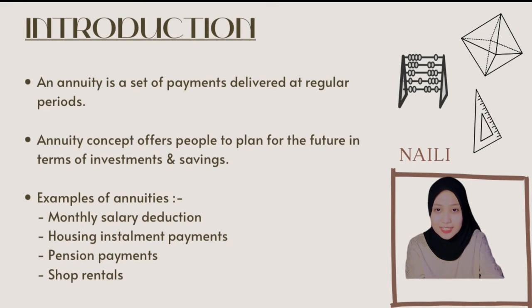Annuity can be categorized into many types, but in this group assignment, we will focus on ordinary annuity certain. There are two types of ordinary annuity certain: future value ordinary annuity certain and present value ordinary annuity certain. Usually in ordinary annuity certain, payments are made at the end of the payment period, and the payment period as well as the interest are the same intervals.